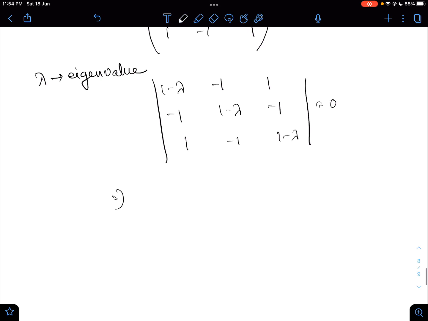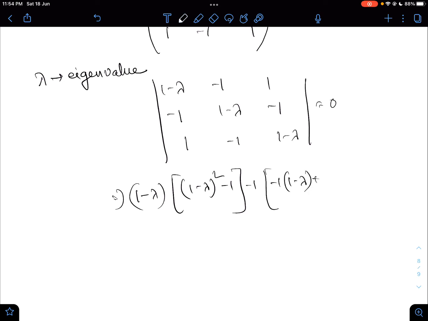Let us proceed. So (1 minus lambda) times ((1 minus lambda) squared minus 1), and for the second term we will have minus 1 multiplied with (1 minus lambda plus 1), and the third term we will have plus 1 times (1 minus 1 plus lambda). So this is our equation.